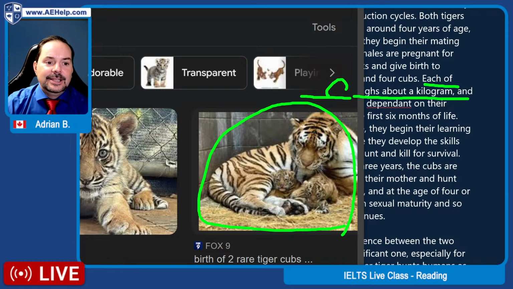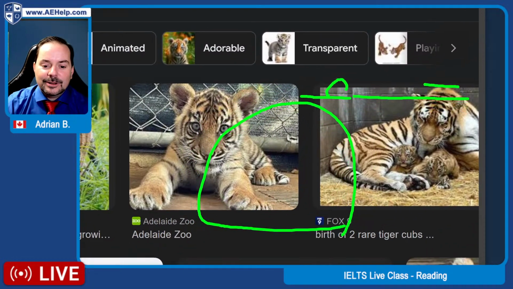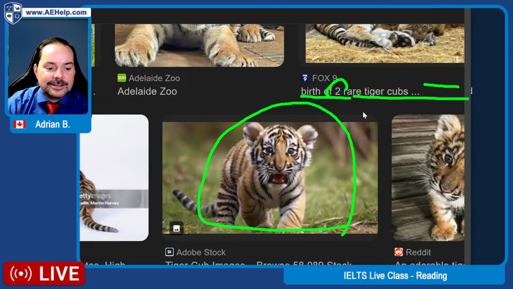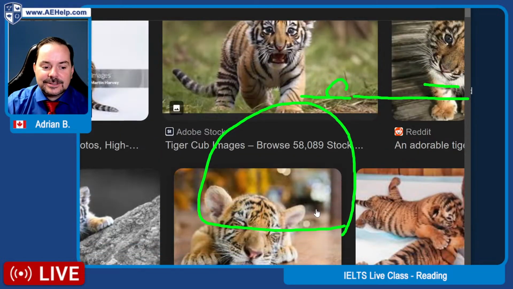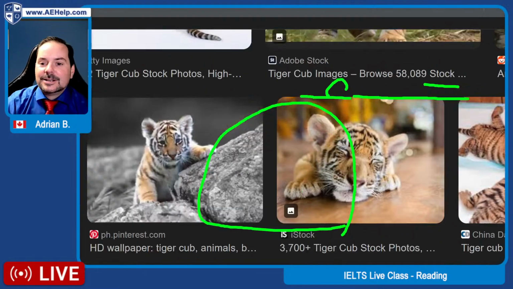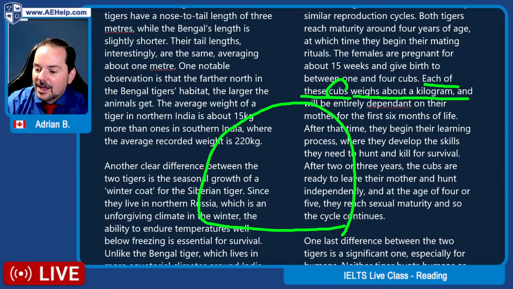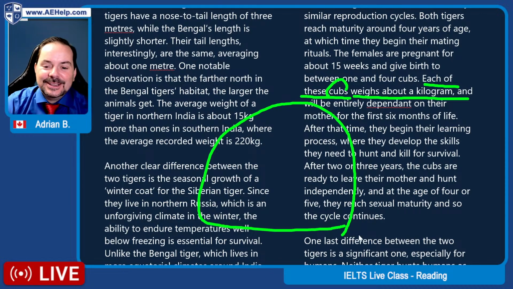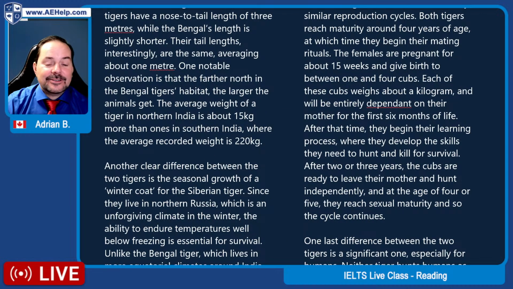They're adorable. I'd totally have him as a pet until he got big and then ate me. Oh, I gotta stop. I'm gonna be here doing that all morning. Oh, they're so adorable. Anyway, visualizing, right? I hope everybody saw those cute little tigers.